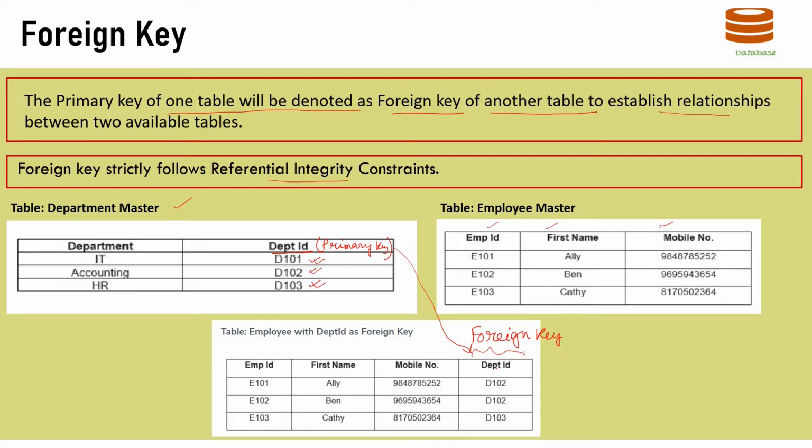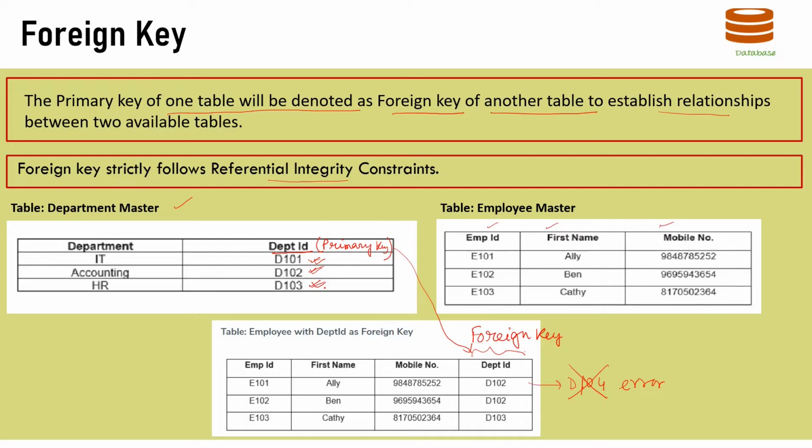Now, if in the employee table, for E101, I give department ID as D104, immediately it will give me an error message. That means I cannot insert wrong data into the table. I can only give either D101 or D102 or D103.